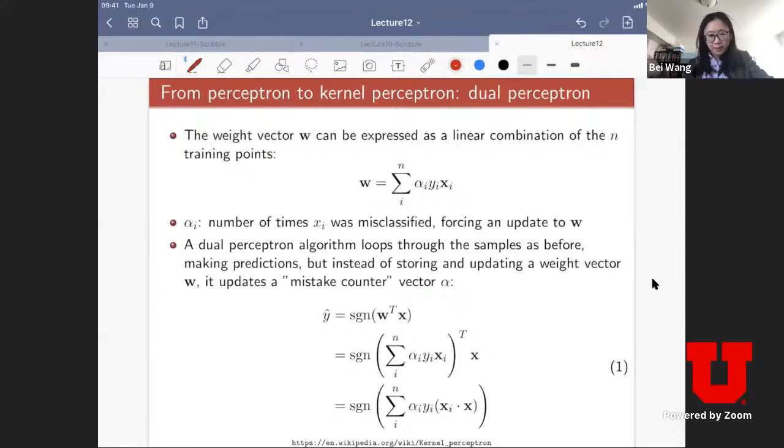So for the next lecture, we're going to go from the perceptron algorithm to a kernel perceptron algorithm. We're going to slowly bring the idea of kernels into place and then set up a few steps to start talking about kernels on persistence diagrams. Okay, all right, that's it.